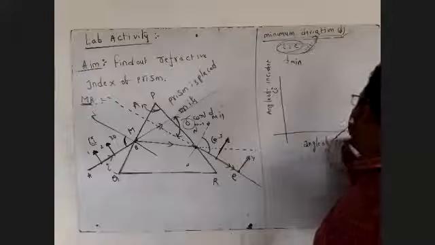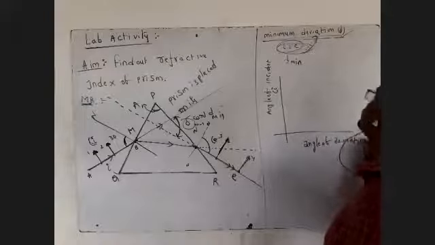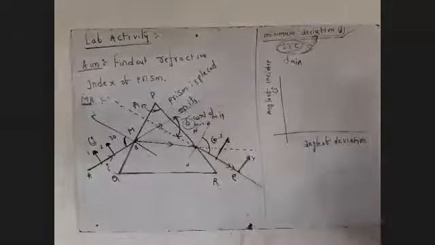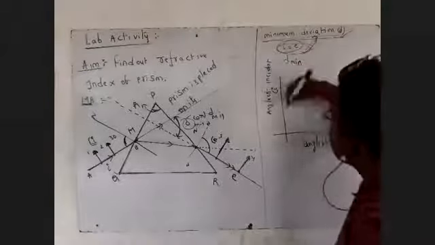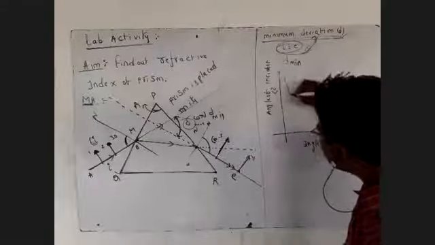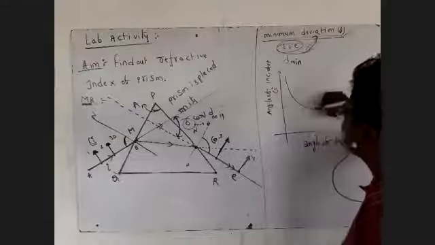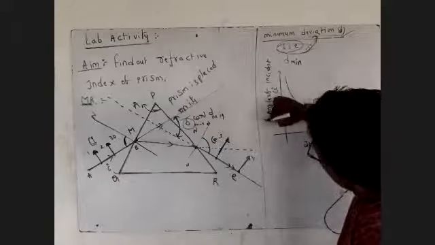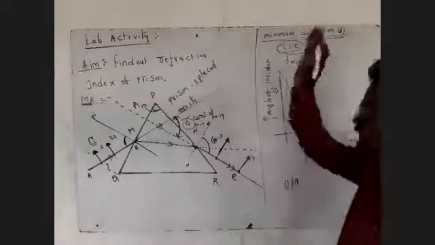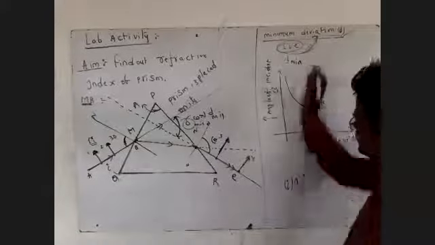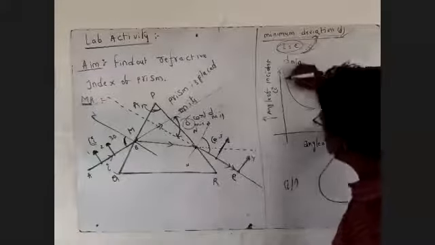As the angle of incident ray goes on increasing, the angle of deviation first decreases.